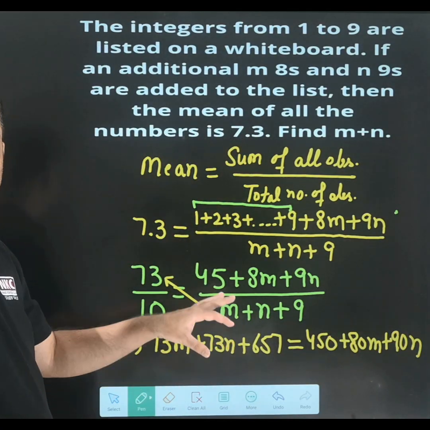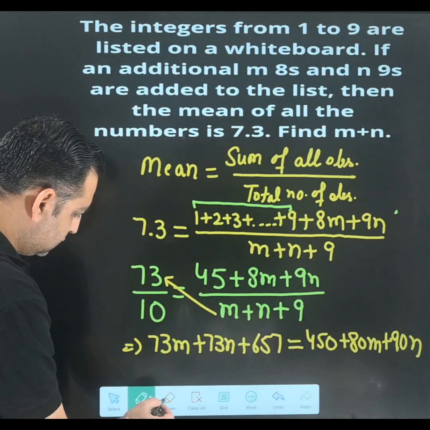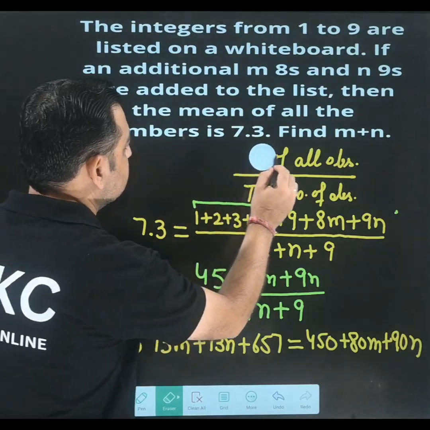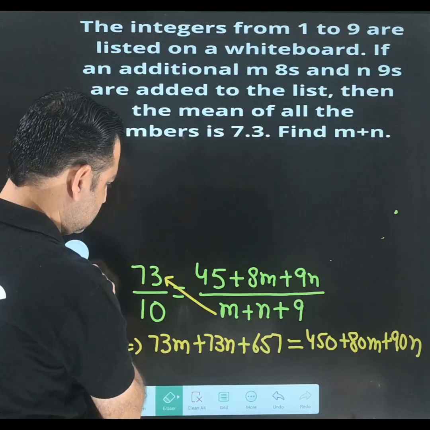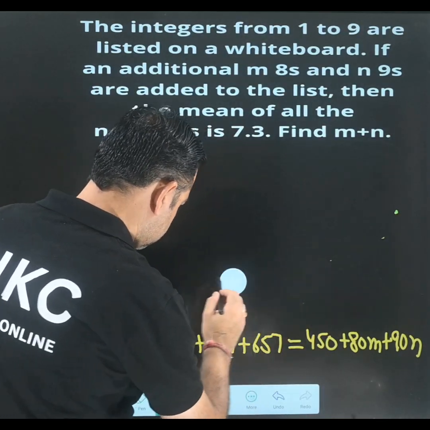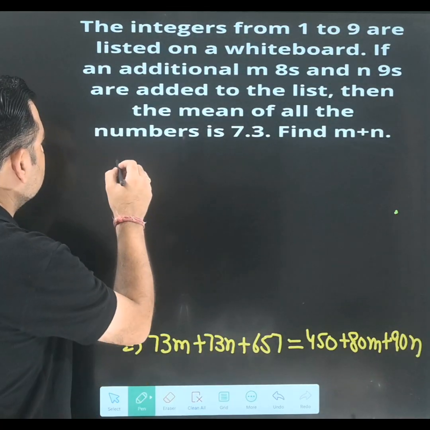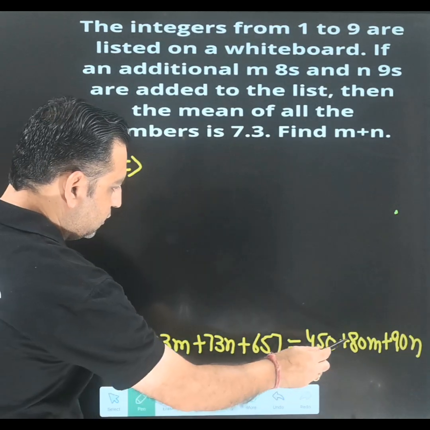Please check it. We are going to simplify this last line now. Let me create space for it. Keep checking what we can do further. Yeah. Now, if we are going to solve it, 80m is there.